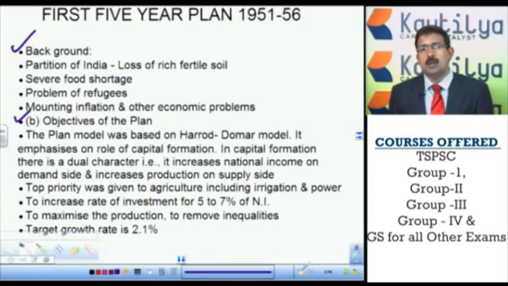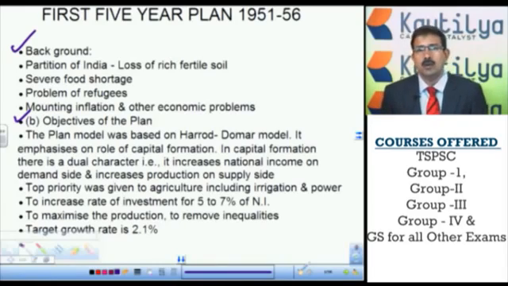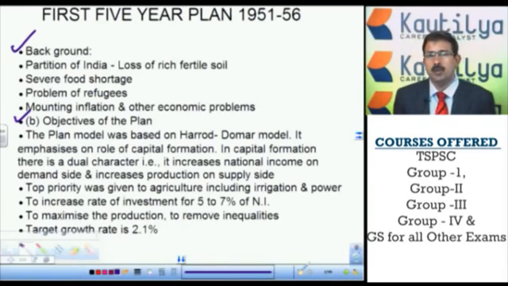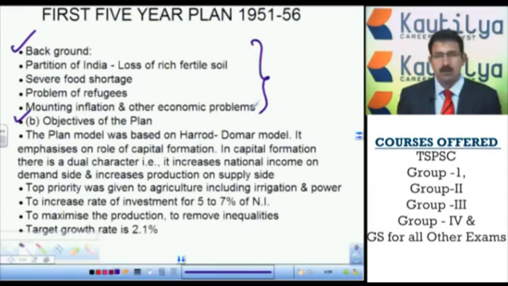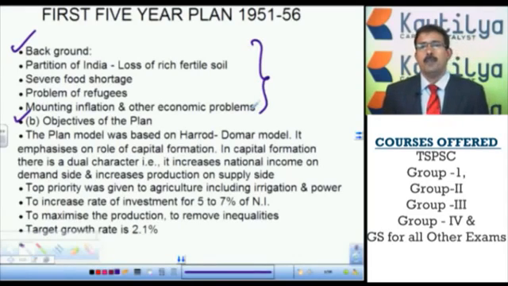And problems on the Pakistan side are not only social, they are also economical, because many fertile lands of India went to Pakistan, particularly the basmati and other rice growing areas. So these two are important problems externally. And secondly, internal problems like mounting inflation, poverty, hunger, added to this unemployment, and other problems. In this background we have started the first 5-year plan.